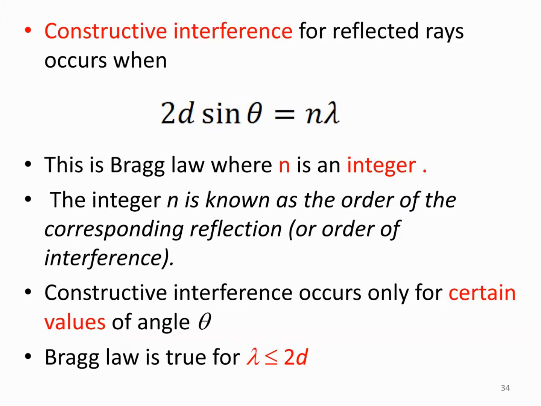And Bragg law is true when lambda is smaller than or equal to 2d. So when lambda is too large, like visible light at 600 nanometers, that is much larger than 2d, then visible light will not be useful for this Bragg law.